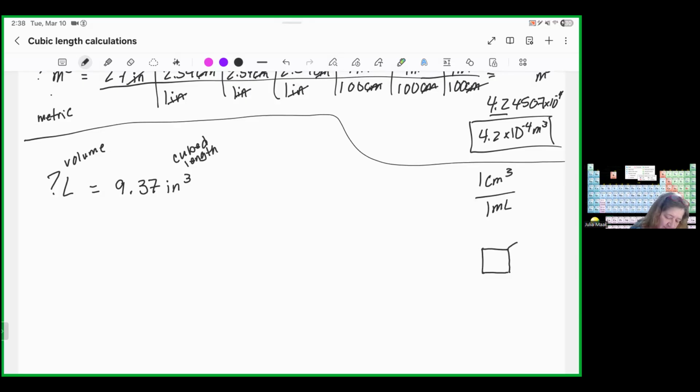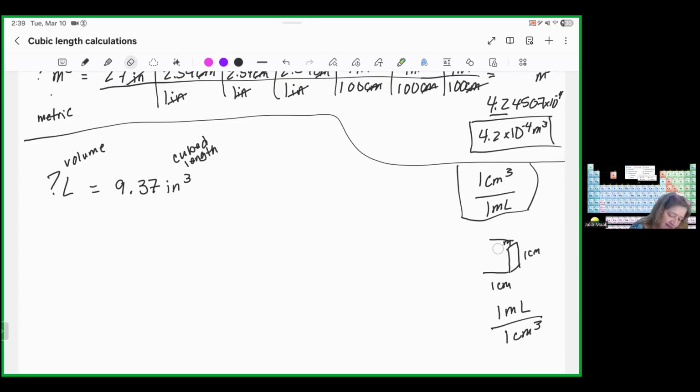If I cube my centimeter, I get a box that holds a volume. If this was 1 centimeter by 1 centimeter by 1 centimeter, then this would hold 1 milliliter of fluid. 1 cubic centimeter is 1 milliliter of fluid.